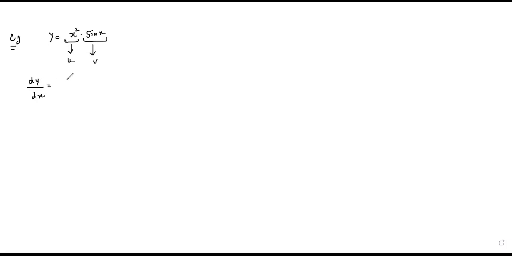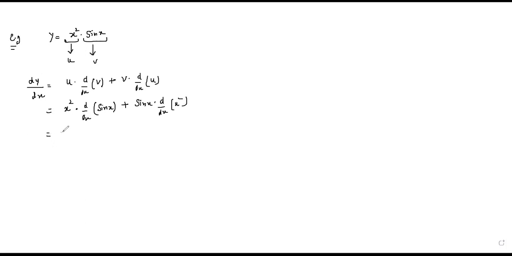My first function as it is, then I will take the derivative of the second function. Then my second function as it is, then I will take the derivative of the first function. So my u is x square, derivative of v, this is sine x. My v is as it is, which is sine x, derivative of u, my u is x square.